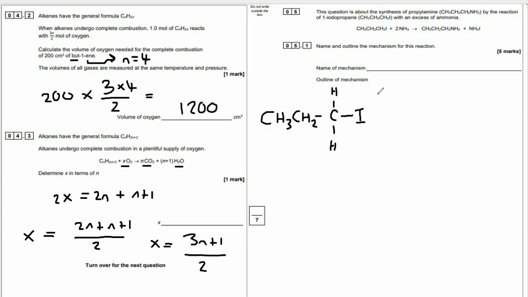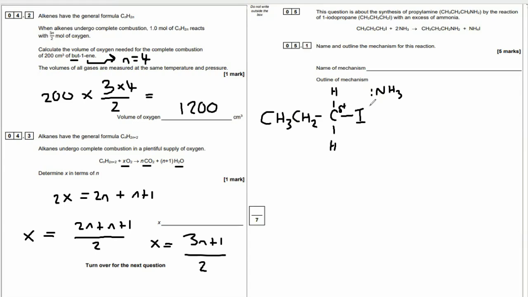Now my NH3 is going to approach. Now let's bear in mind that the NH3 always has a lone pair on it. Don't make the mistake of putting a minus. It doesn't have a negative charge, so don't put that. And once you see that lone pair on the NH3, that gives you an idea of the mechanism, because that lone pair is going to be attracted to something positive, and that something positive is going to be this carbon atom.